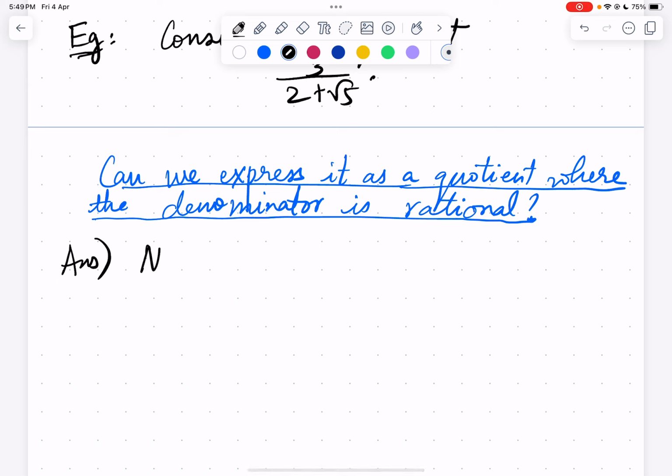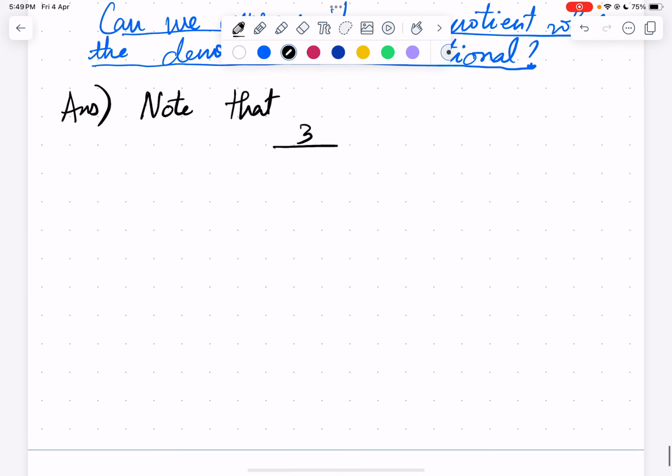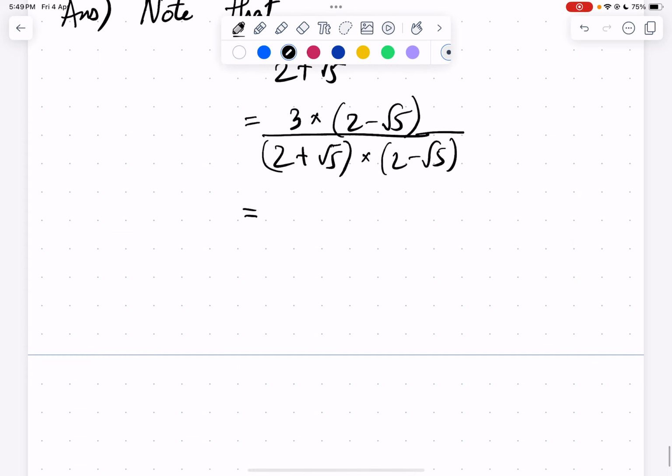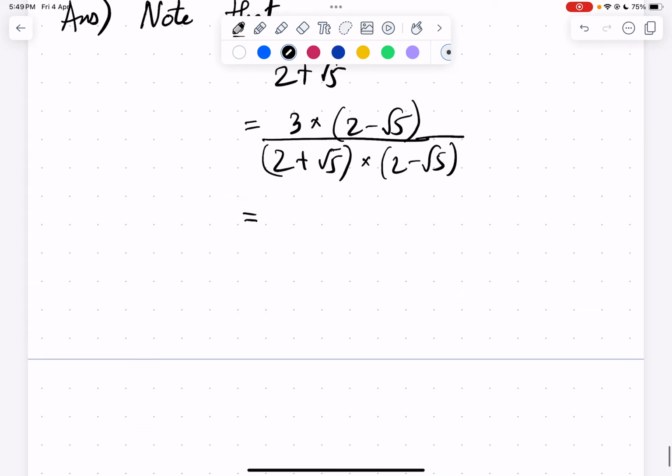So note that 3 by 2 plus root 5, this is a by b. We can write it as 3 times 2 minus root 5 by 2 plus root 5 times 2 minus root 5. We choose m to be 2 minus root 5 because then the denominator will be of the form a plus b times a minus b.